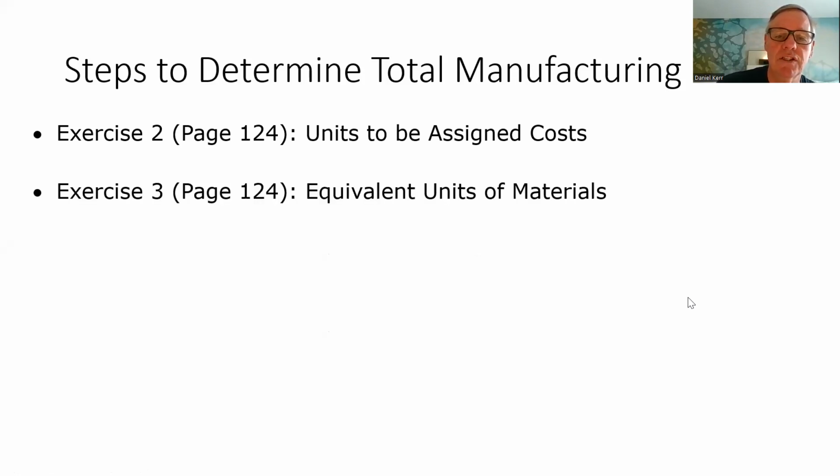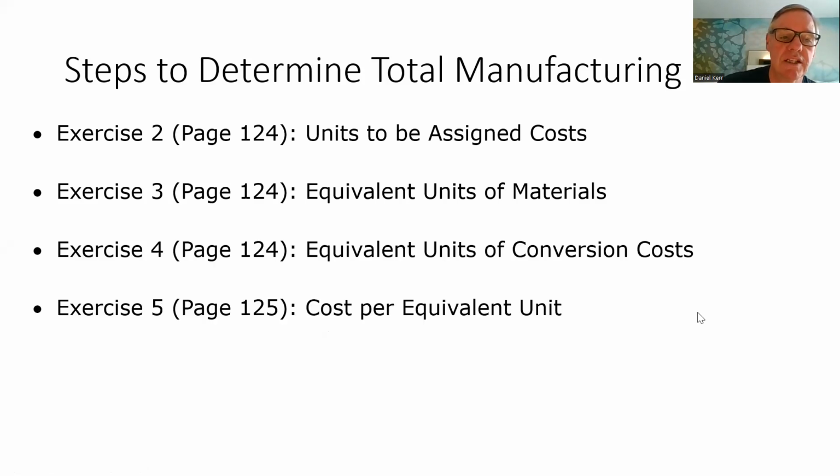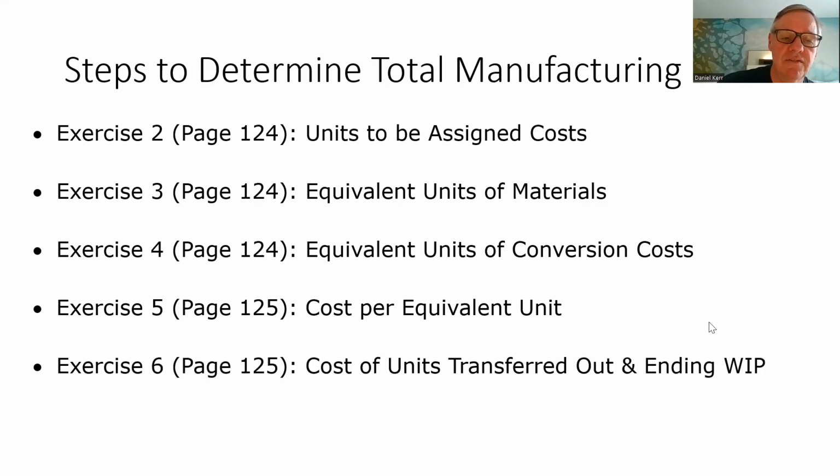Then get the equivalent units of material, which you did in exercise 3. Then get the equivalent units of conversion costs, which you did in exercise 4. Then you get the cost per equivalent unit, which you did in exercise 5. And then you pull it all together in exercise 6, where you figure out the total cost of units transferred out and ending work in process.